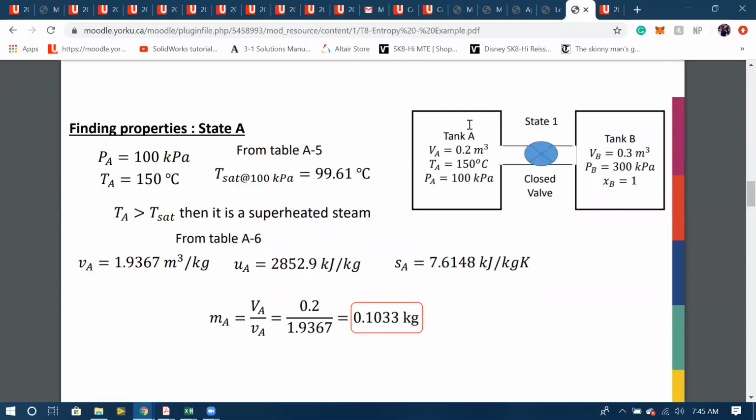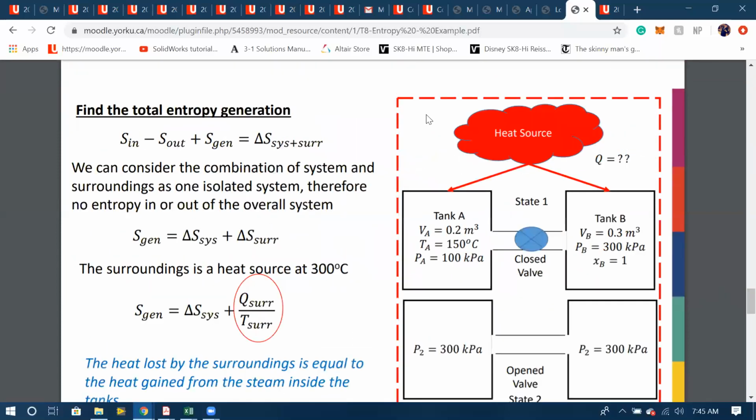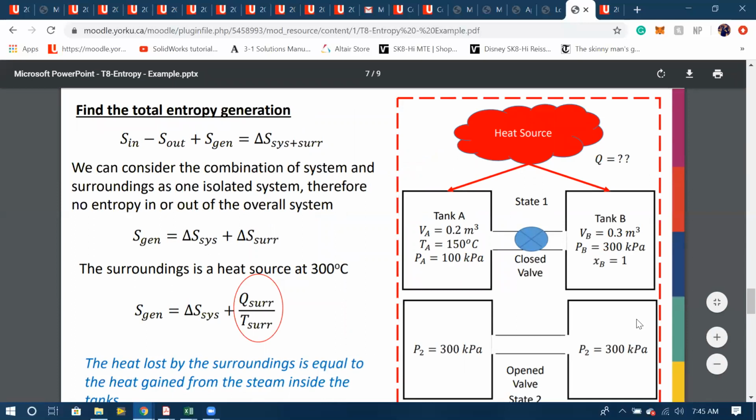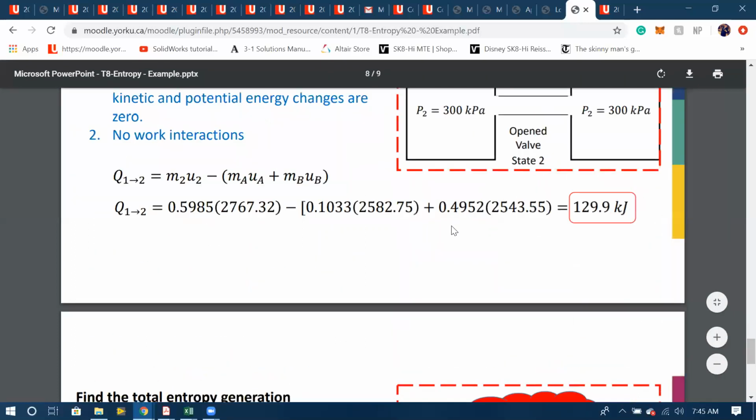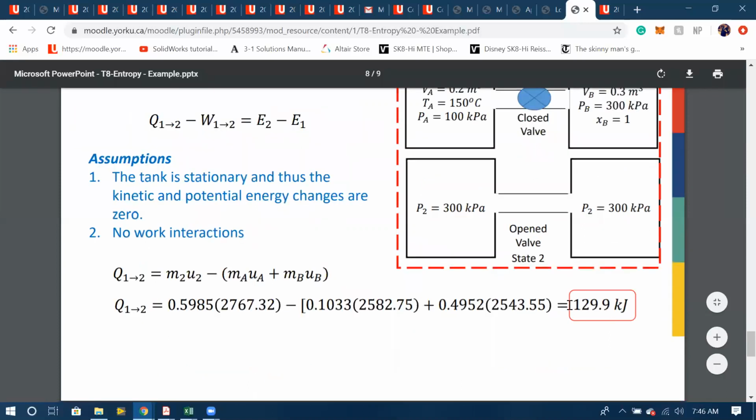When he's solving it over here, we take the tanks as a system. When he's applying the energy balance and solving for Q, he's taking his tanks as a system. So from state 1 to state 2, we have Q in, which would obviously be positive.